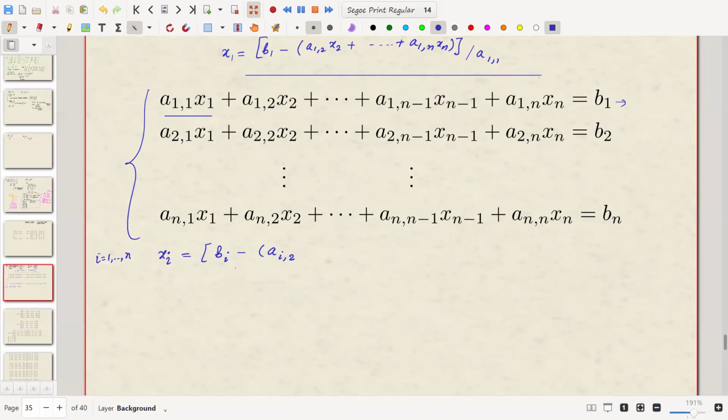Is this correct? i plus 1, then x_i, okay, then so on till... sure, you have to make sure that in this process, you are not writing i also there. You are not writing i.